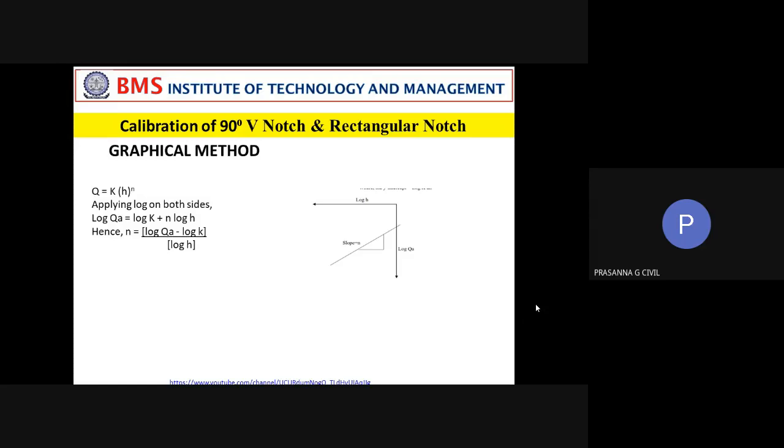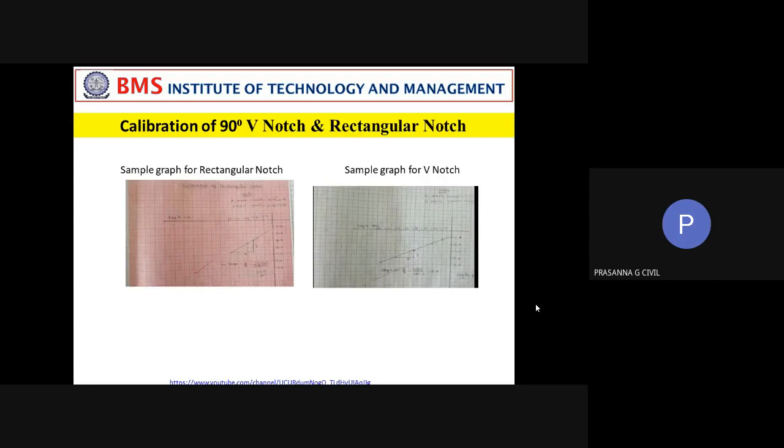So if a graph is plotted with log h versus log q, the slope of the line should give you the value of n. Two sample graphs are recorded here, one for the rectangular notch and one for the V notch, where the value of n is shown for both.